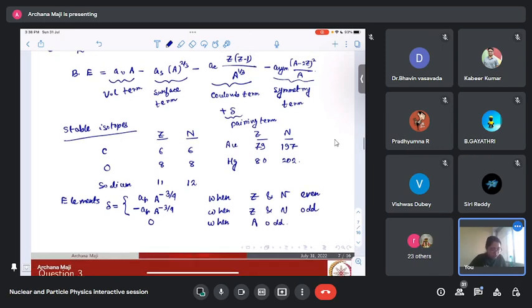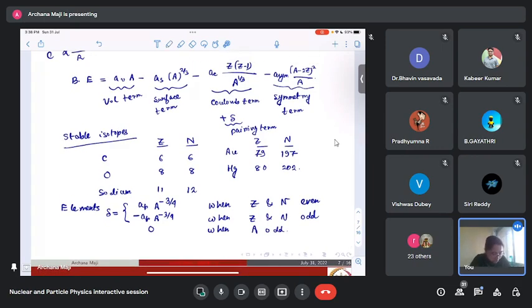So it has been seen that for elements which have Z and N even, they are more stable, and for elements having Z and N odd, those are more likely to be unstable.